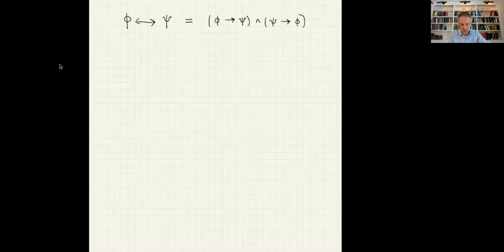The other thing to look at really quickly is what is the truth table for this? And so I'll just write that out here to the side. So this biconditional has the following truth values. So once again, there's 4 total possibilities.